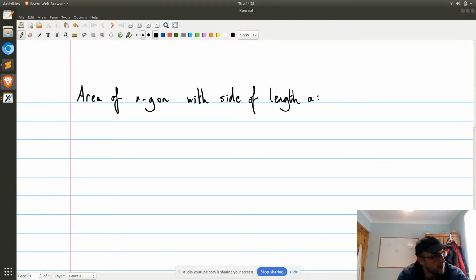These are all regulars, by the way. Okay, so anyhow, area of a regular n-gon with a side of length a.